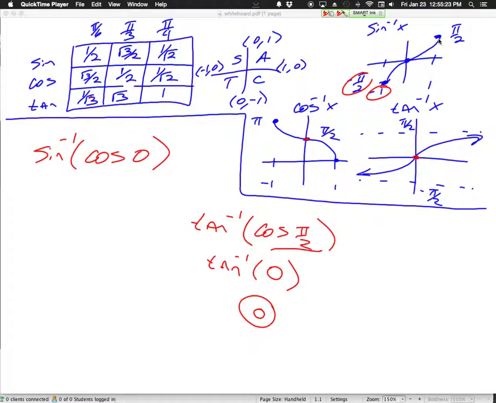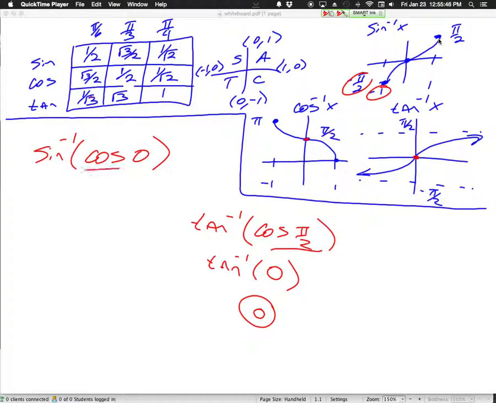So you got the right answer. You got the right answer, but you did it wrong. A lot of people are getting the right answer but doing it wrong.